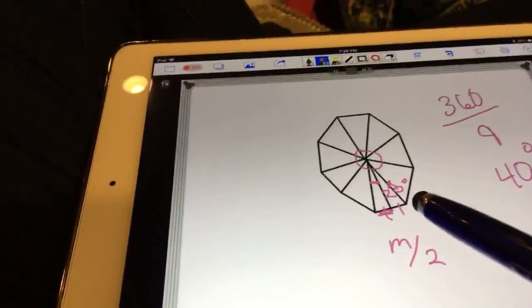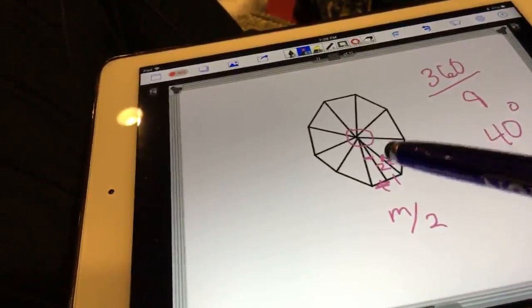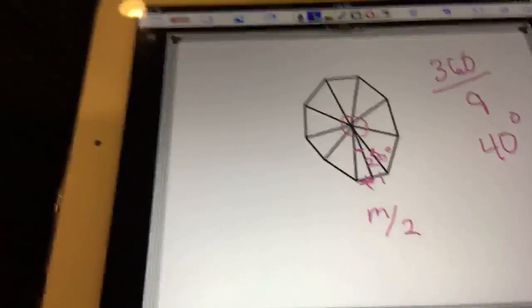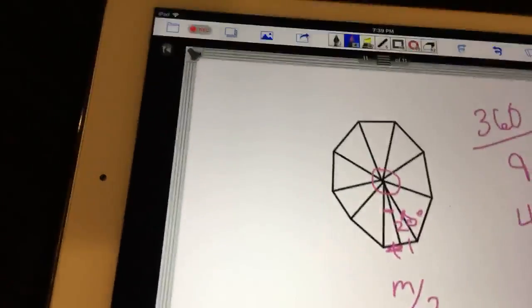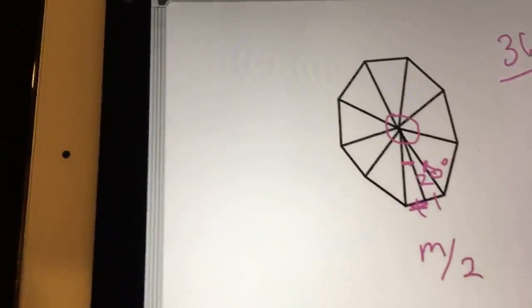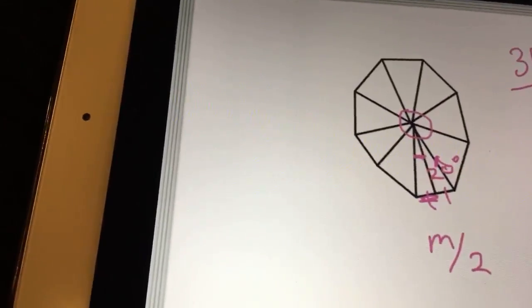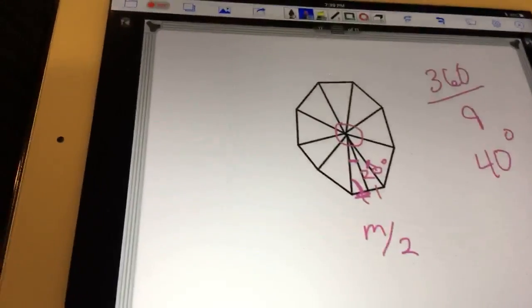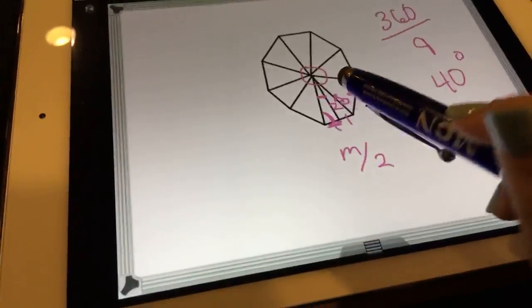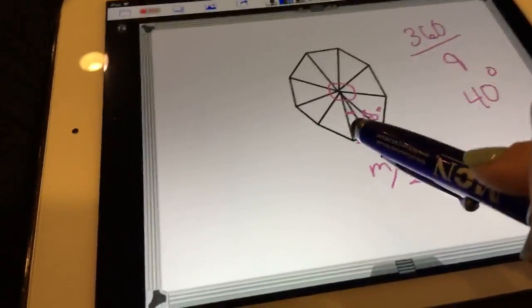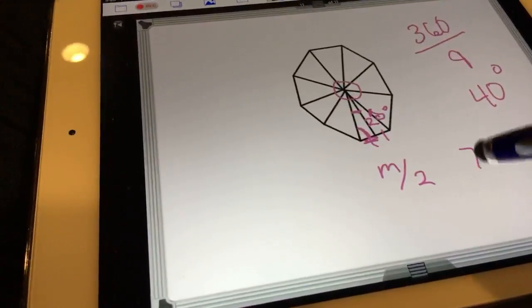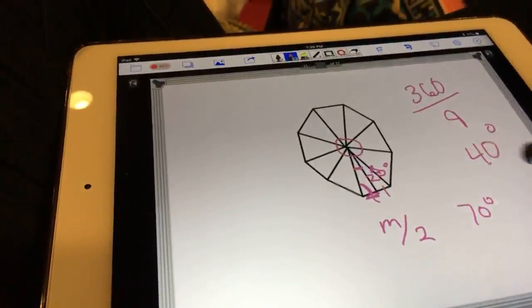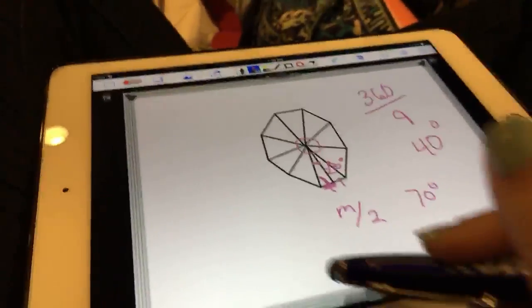All right? So now we've got opposite and we've got adjacent. So actually, let's look not at that angle, but let's look at this angle. Okay? Since this is a right triangle, if this is 20 degrees, this is going to be 70 degrees. Okay? So then a is the apothem, that's the opposite.